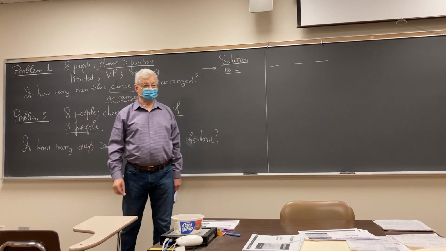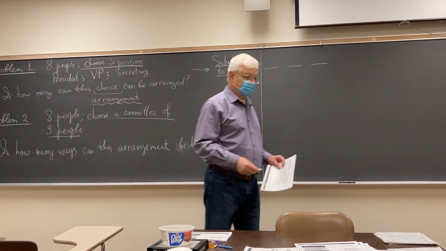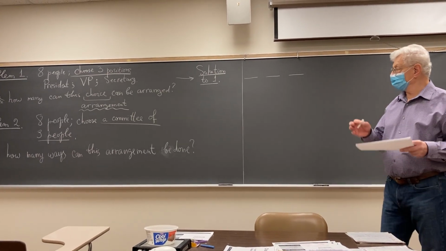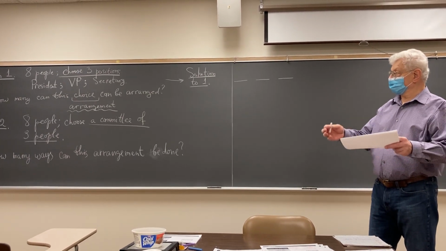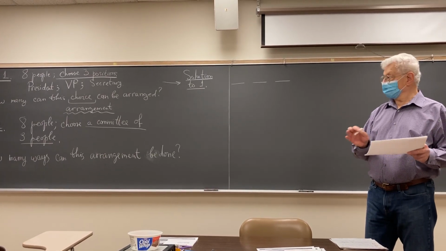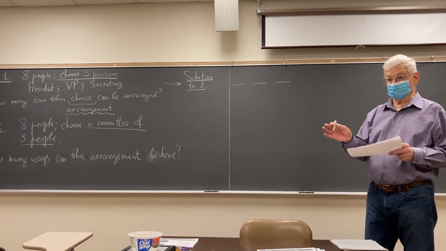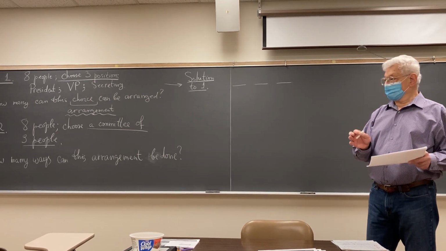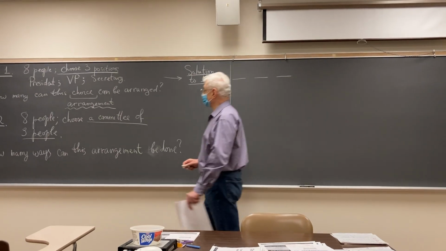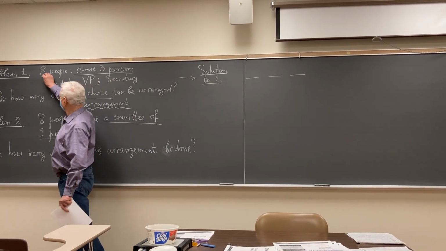Remember last time I told you about the alphabet. The alphabet is just a set of characters, and it doesn't matter whether it is a real alphabet, numbers, digits, or maybe people. So we have an alphabet with 8 people.